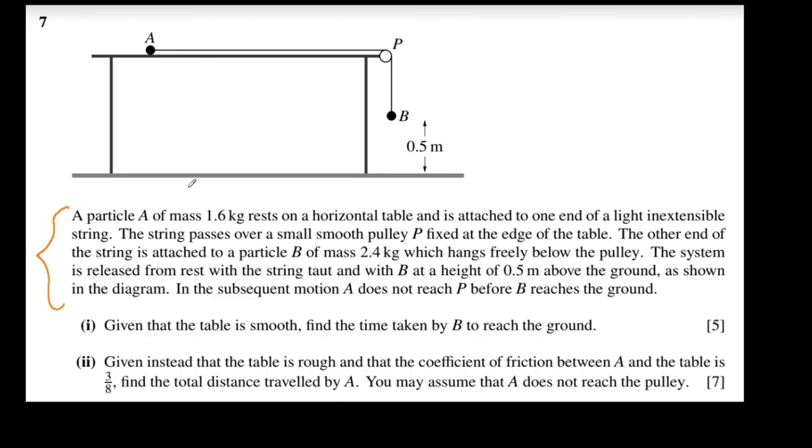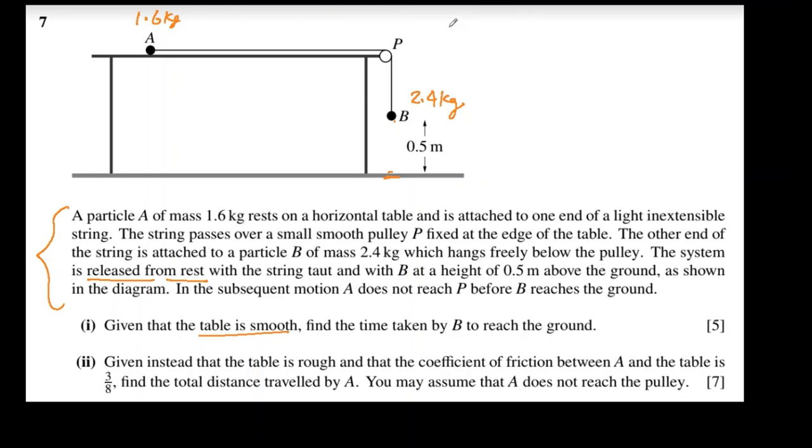So it says that this mass A is 1.6 kg, the B is 2.4 kg, it is released from rest, and then this B reaches the ground, okay, which is 0.5 meters. Given that the table is smooth, that means there is no friction whatsoever between A and the table. Find the time taken by B to reach the ground.